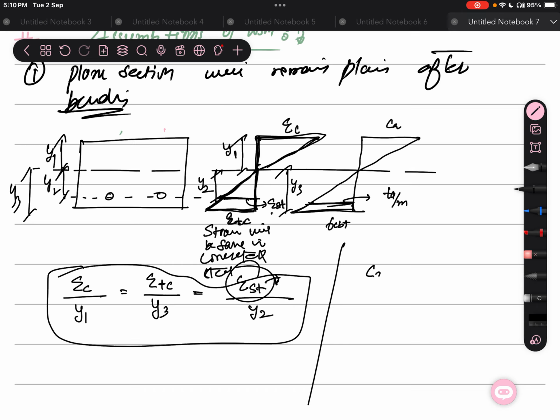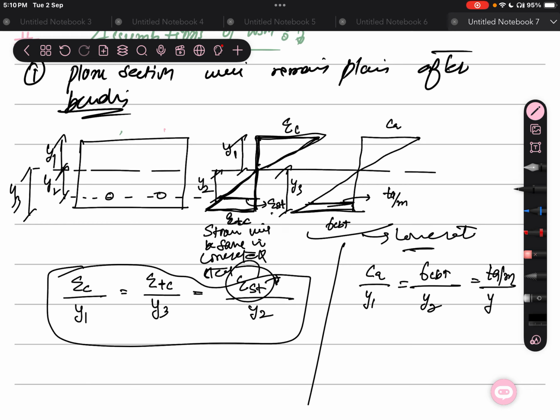So here we can write FCBT divided by Y2 is equal to the steel stress divided by, because this diagram is for concrete, this is also for concrete, but the values are same, basically this is Y3 and this is Y2. So this is how we can use this diagram.